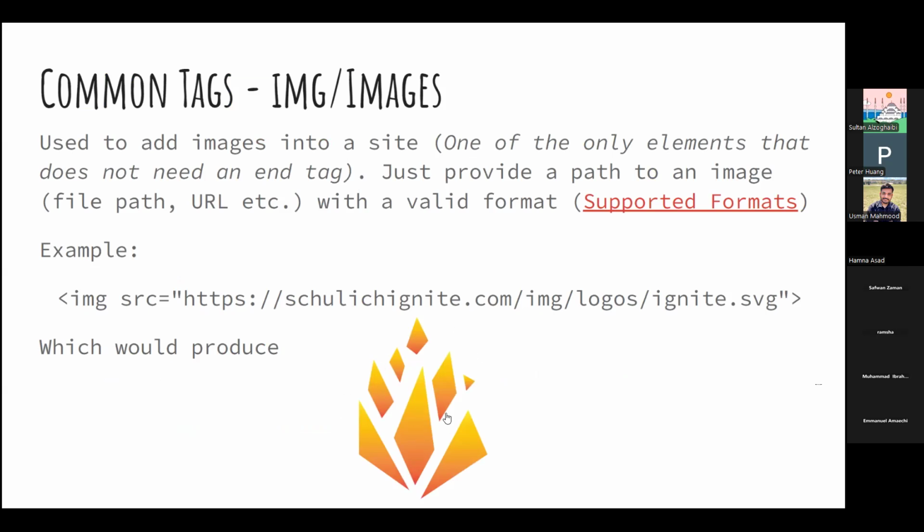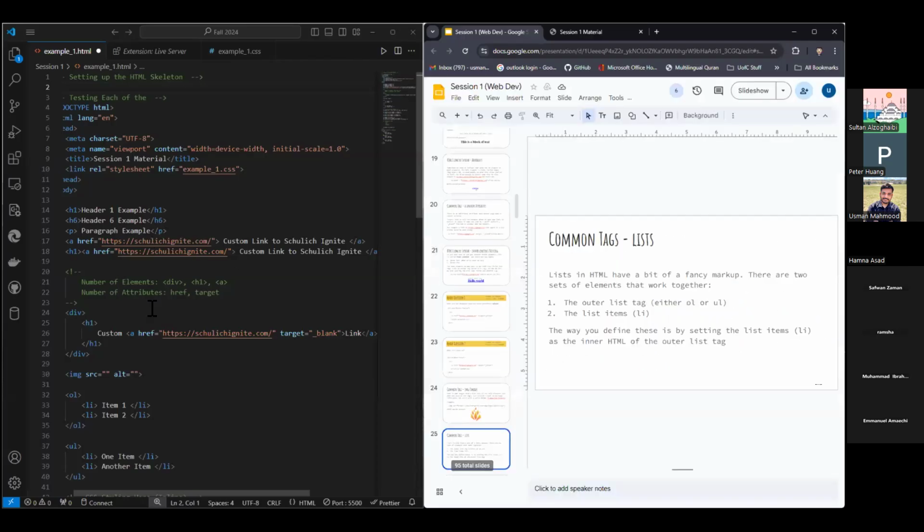In typical fashion, when you set up an image component in your HTML code, you would want to have the source and a thing called an alt, which allows you to have some additional text in case the image doesn't load. That way, the user would know at least what was supposed to be there.